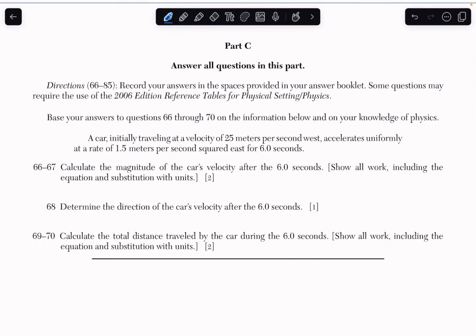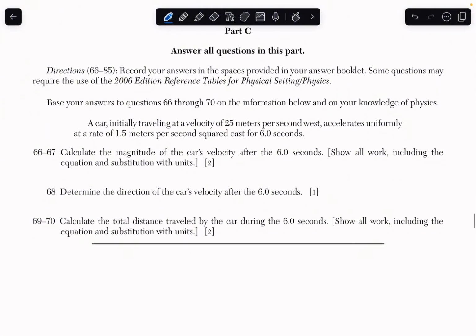So, in this problem, we're already given VI, A, and T, and we just need to find VF. As you see here, it's giving us velocity of 25 meters per second. So our initial velocity, 25 meters per second, and our acceleration, 1.5 meters per second squared, and our time is 6 seconds.